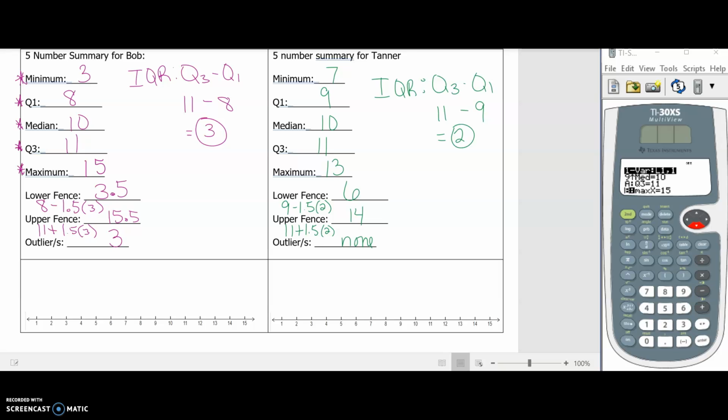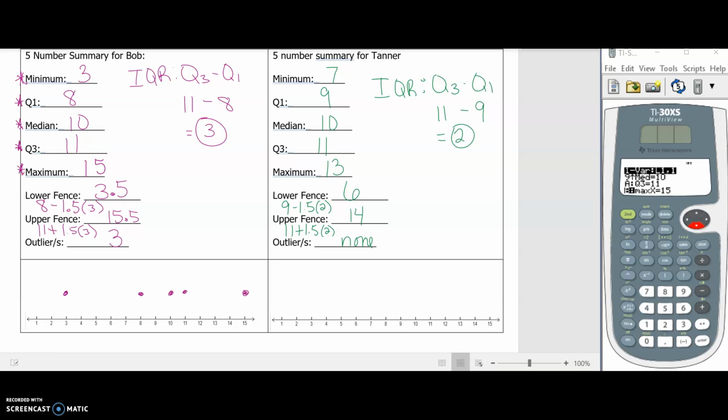For those 5 points, I'm going to put a point above the number line that matches. So minimum is 3, quartile 1 is 8, median is 10, quartile 3 is 11, and the maximum is 15.